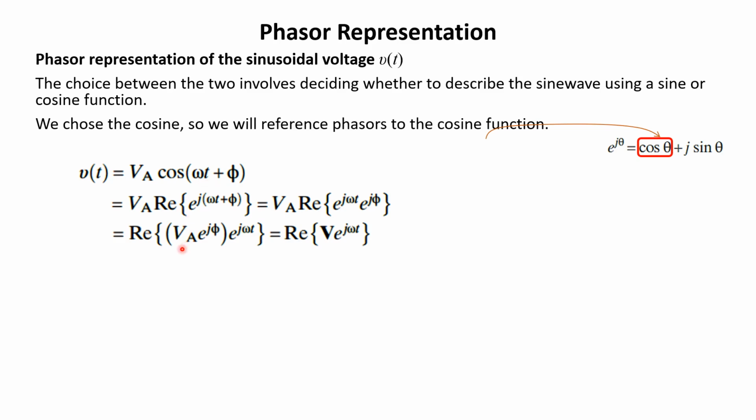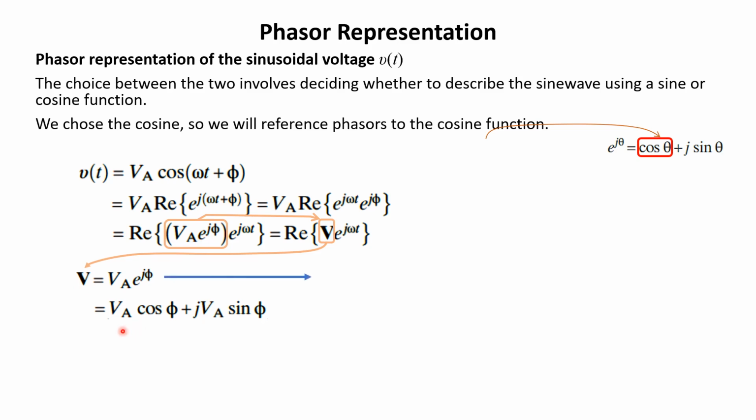Now we combine V_A e^(j phi) together, and e^(j omega t) separately. The product of V_A and e^(j phi) is now represented with a bold letter V, and this is the phasor voltage.